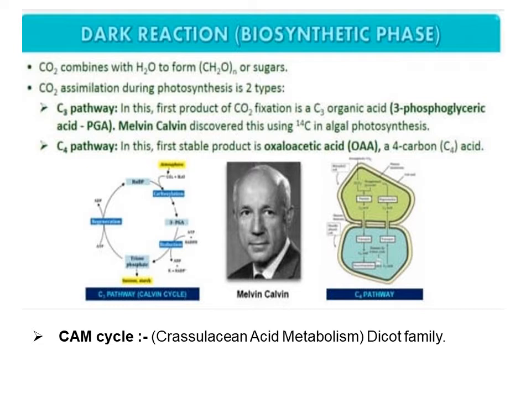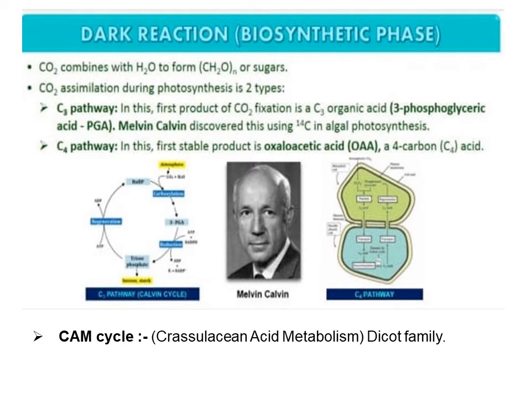This acid was identified to be oxaloacetic acid. It is also known as the Hatch-Slack pathway or dicarboxylic acid pathway. Since CO2 assimilation during photosynthesis was studied, these two main types were found.